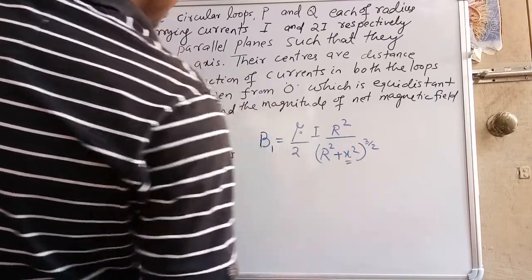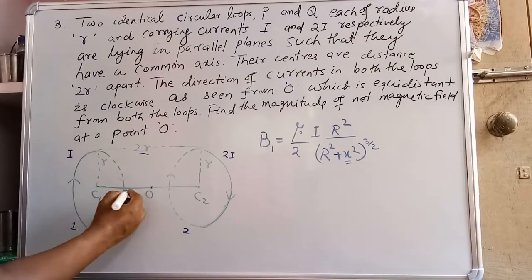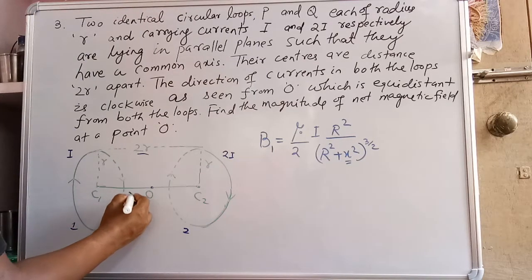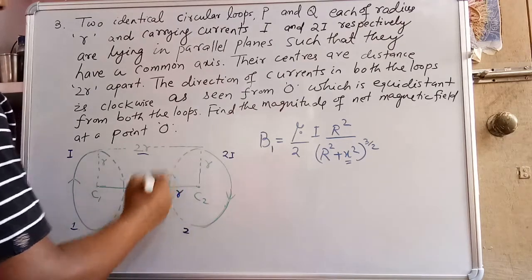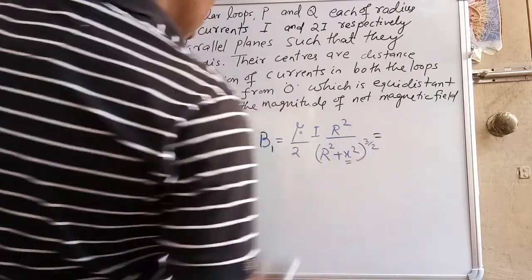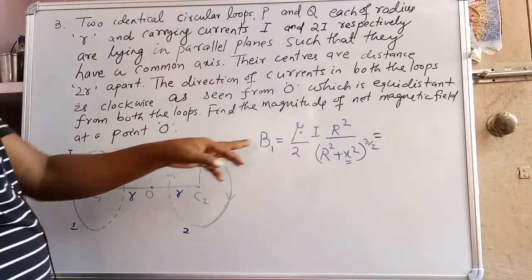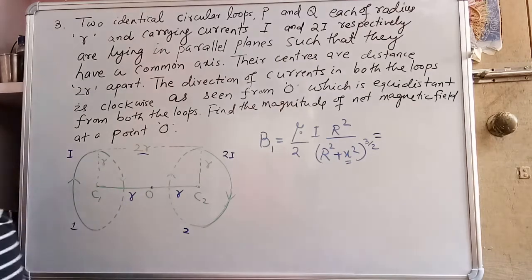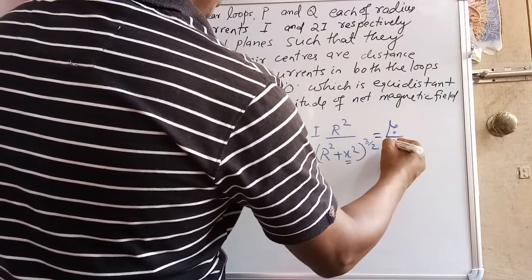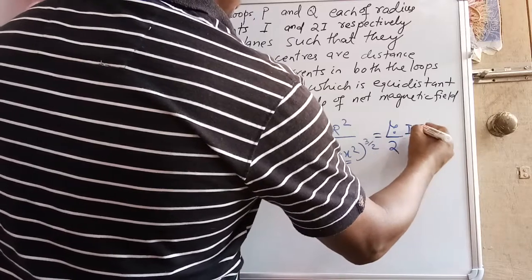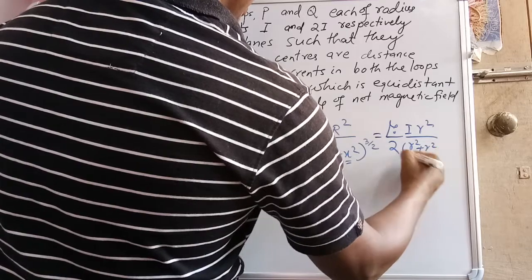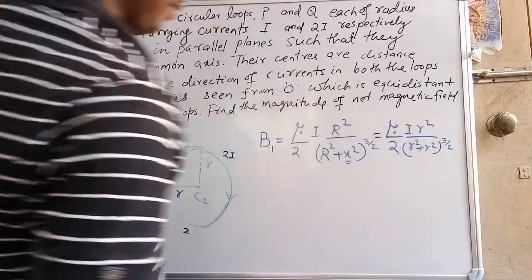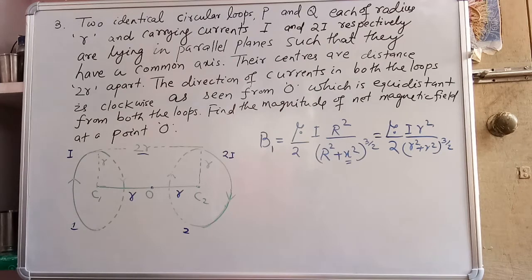In this case, x is the distance of this point from C1, so x will be r, and for the second coil also it is r. So we can put in the values of radius and this distance x: B1 equals mu naught by 2, I r square divided by (r square plus r square) to the power 3 by 2. This is the magnetic field due to coil number 1.